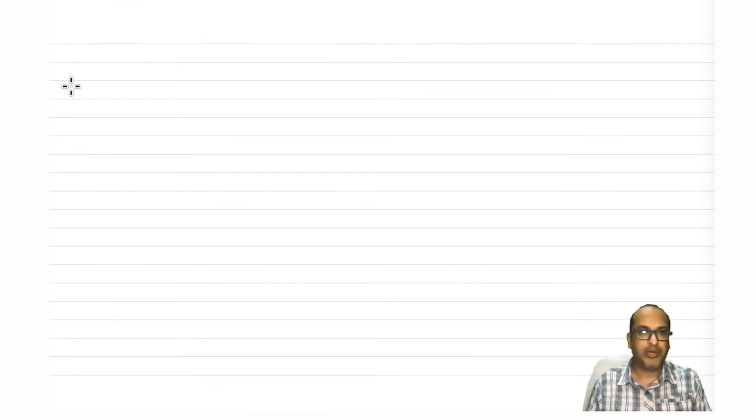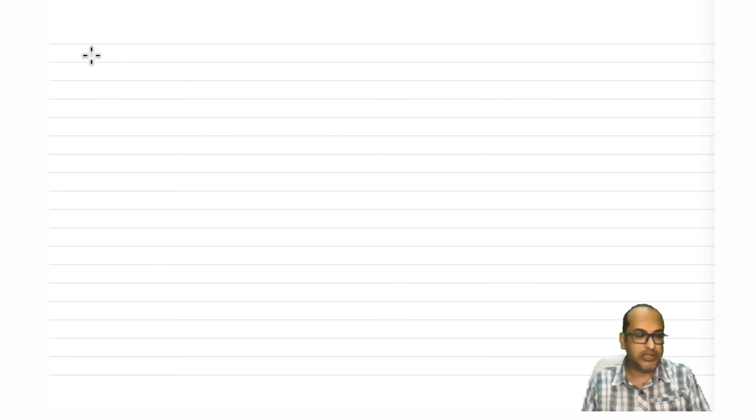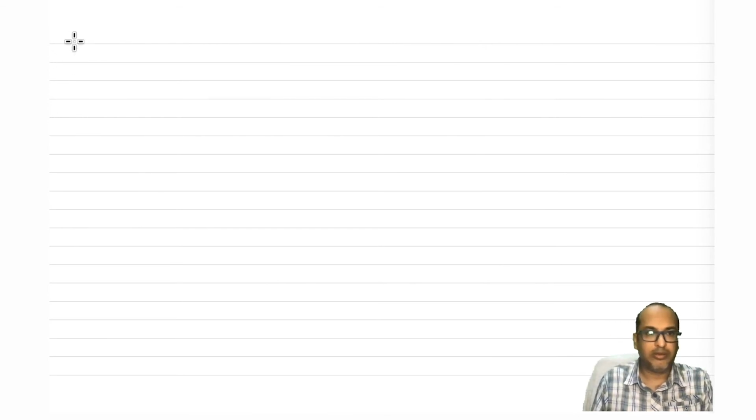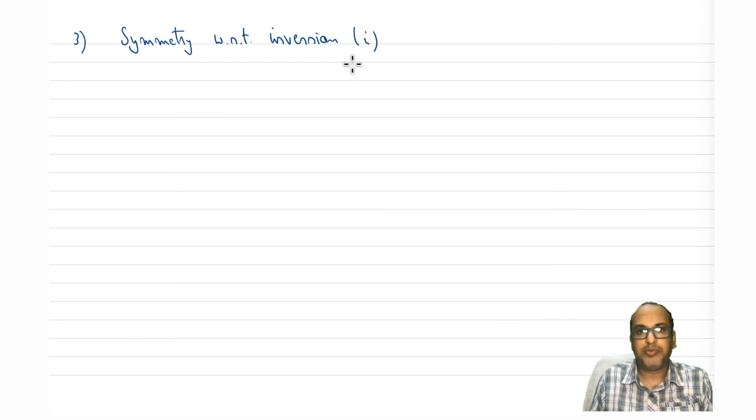Okay, now let's look at the various subscripts which are written. The third rule is symmetry with respect to inversion, the center of inversion.